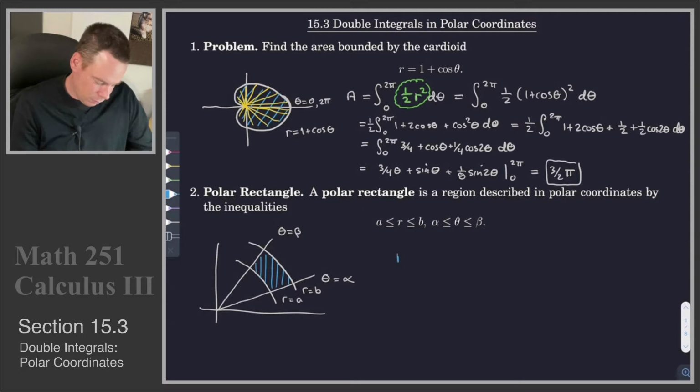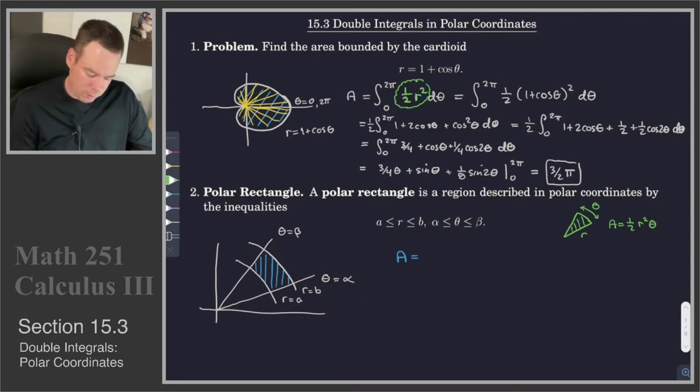What we'd like to do is figure out what the area is of a polar rectangle. Well, the first thing to recall, we know what the area is of a sector of a circle, or think of it like a pizza slice. If we know what r is, and we know the angle made, then the area is 1/2 r squared theta.